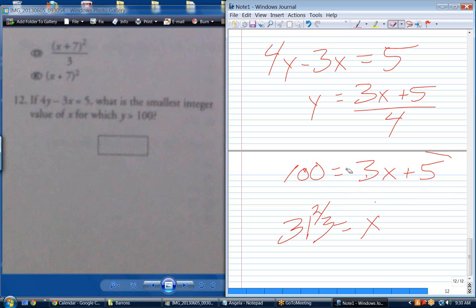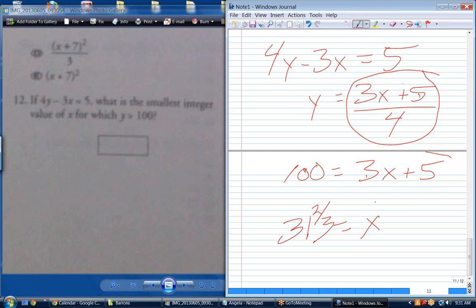Now, perhaps that wouldn't have caused you any confusion. It caused me a little confusion when I first looked at it. So, to me, it was safer to solve the equation, figure out what value of x makes y equal to 100, realizing that if we increase x, we're going to increase y.